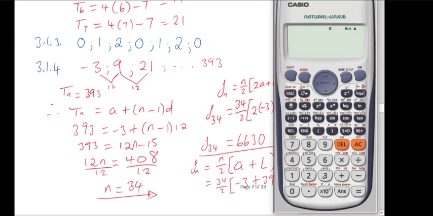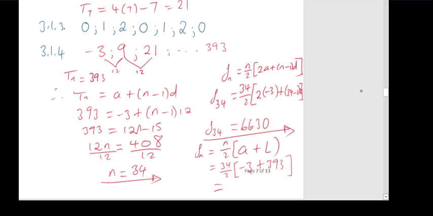So it's 34 over 2 into negative 3 plus 393. Then you see it's totally the final answer, 6,608. So ungenza ngale ndlela noma ungenza ngale ndlela after you found the number of terms.